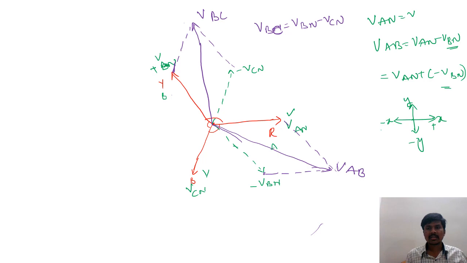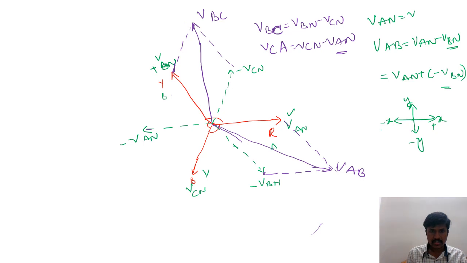Now in the same manner, VCA you can get as VCN minus VAN. So again, for minus VAN, you can consider the mirror image of VAN, which will give you minus VAN. Again the same method to get the resultant. Draw parallel lines here on both the sides.